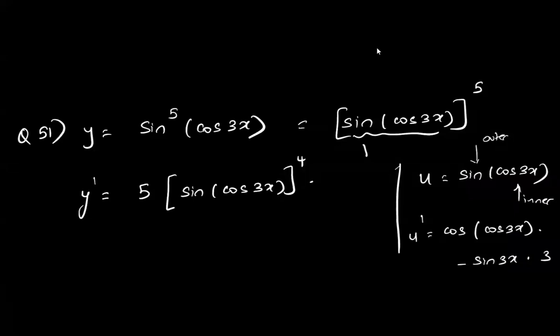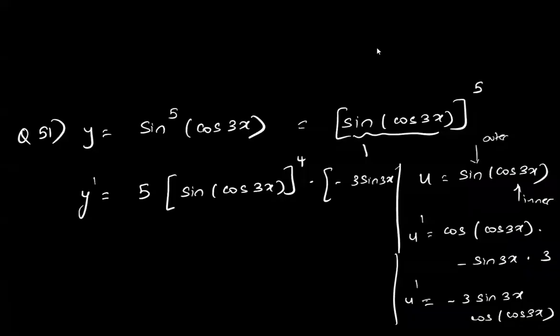So now if you put them all together, you'll have to bring it all here. So if you want a little bit of rearrangement, just to make it prettier, it will be negative 3 sine 3x cosine 3x, right? So then that is what is going to go here. So it will be negative 3 sine 3x cosine of cosine 3x.